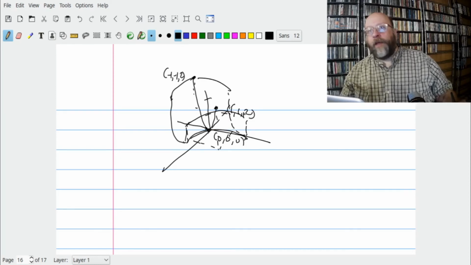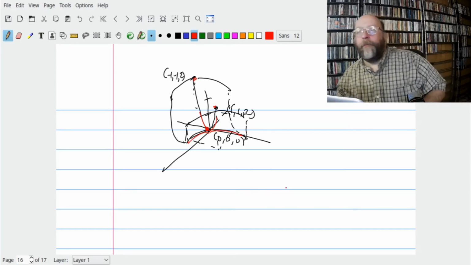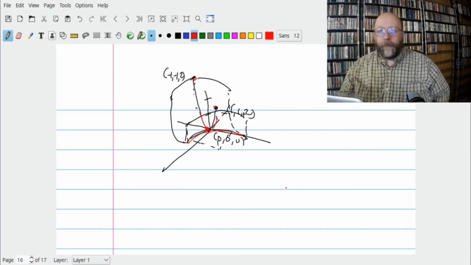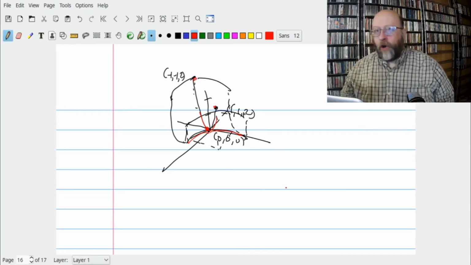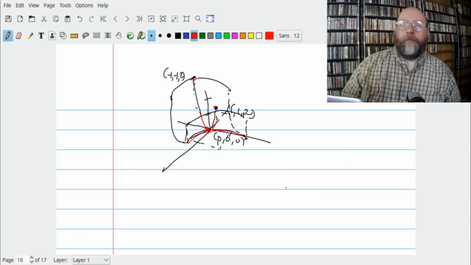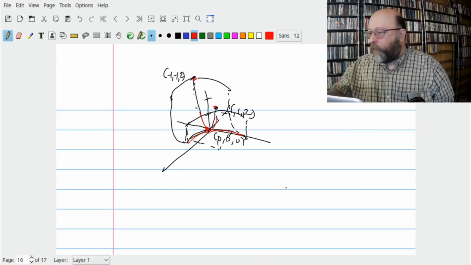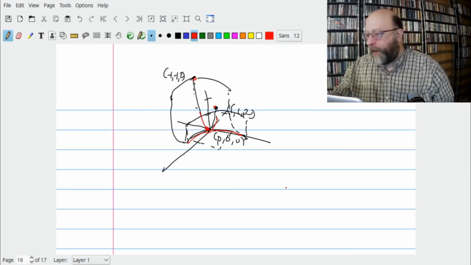That's sort of the idea. And this saddle point right here at the origin, it's concave up between the 2 local maximums, but then it's concave down in the opposite direction. Okay? You don't need to be able to visualize that to answer the question, but I thought maybe it would help to see that.